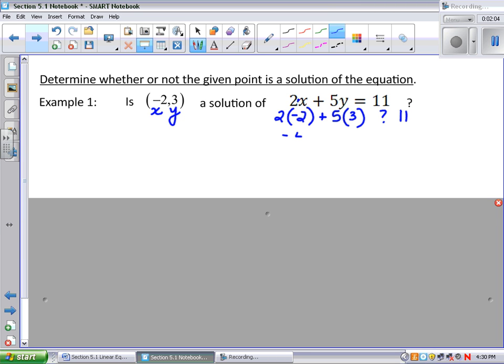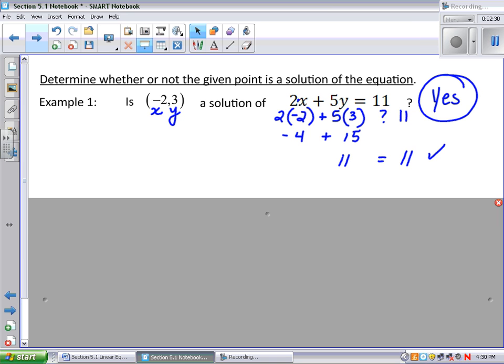I get -4 plus 15. 5 times 3 is 15. I'm using my order of operations here, multiplying before I add. -4 plus 15, 11 is equal to 11. Yes, this is a solution. It works out perfectly when you plug the point -2, 3 into our equation.